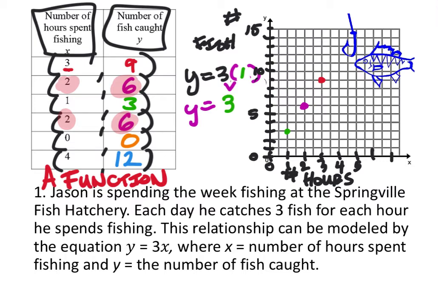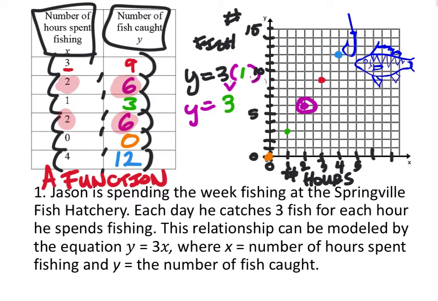Now we can know that that's 2 points. It doesn't really matter, okay? In fact, sometimes I'll just put a circle around it just to show that it's happened twice, okay? And then 0 hours, 0 fish, that's at the origin. And then 4 hours for 12 fish. So that would be 4 hours, 12 fish. Let me make sure I'm on the right line. There we go. This point right here.